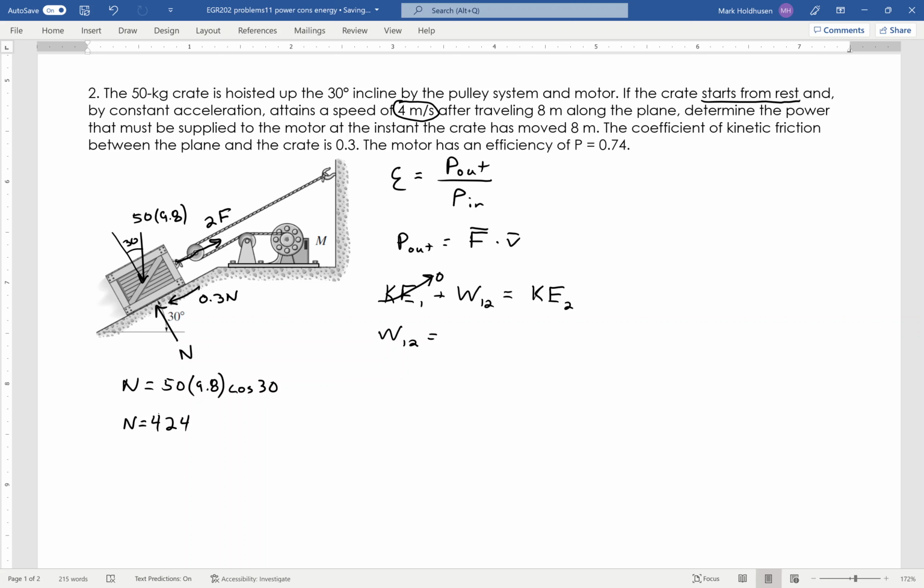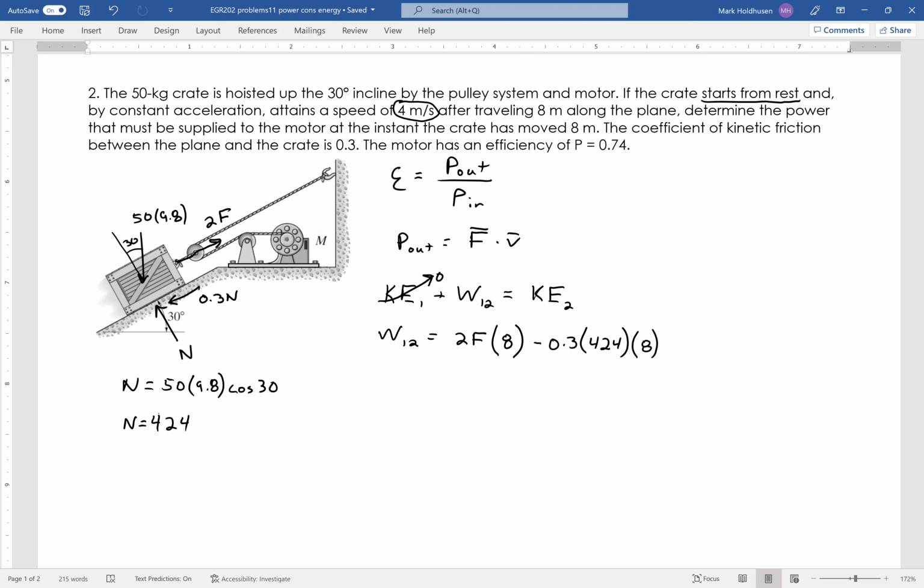So again, what's doing work? Well, that rope is doing work. 2F is doing work, and it's doing it over 8 meters, in the direction of motion, positive work. Friction does negative work, because it opposes motion. It's 0.3 times what I just found, 424, and it does that also over 8 meters. Then I've got gravity doing a little bit of work.